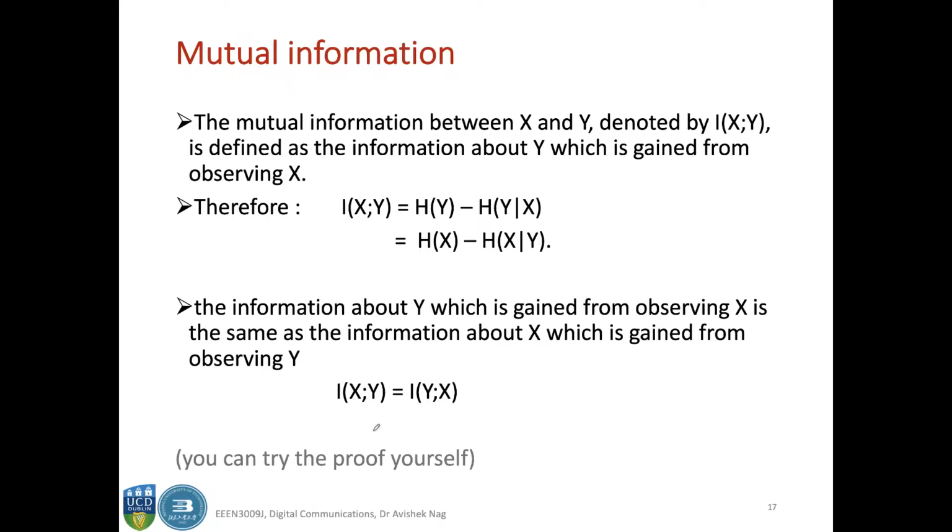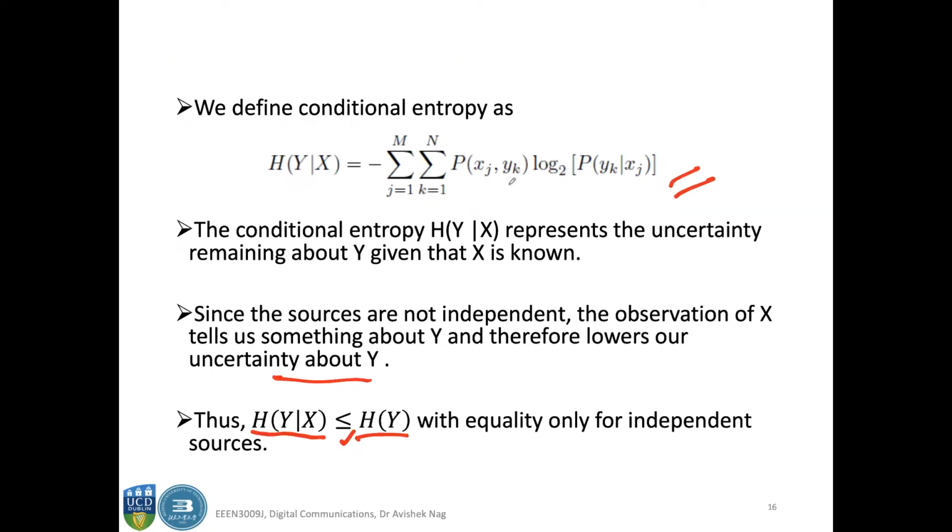The mutual information between X and Y is denoted by I(X;Y), and this is defined as the information about Y which is gained from observing X. So you have H(Y), and according to the definition of conditional entropy, this H(Y given X) represents the uncertainty remaining in Y given that X is known.